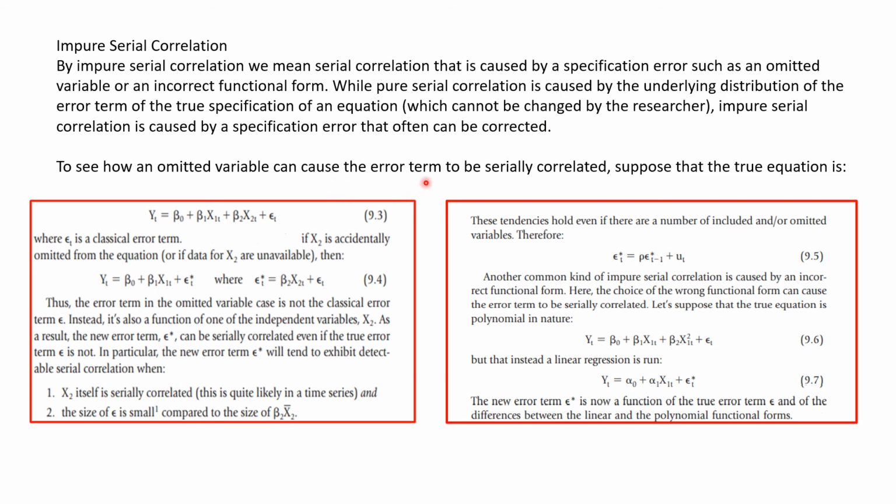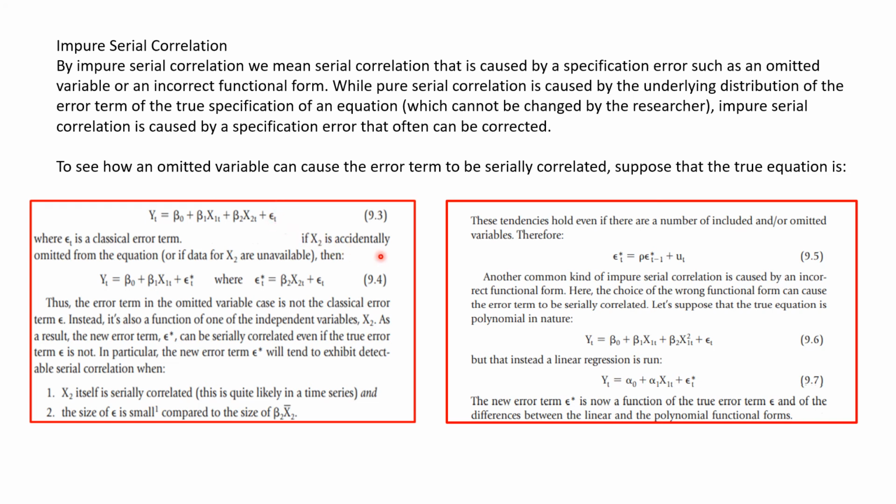To see how an omitted variable can cause the error term to be serially correlated, suppose we consider this equation where y equals beta 0 plus beta 1 x1t plus beta 2 x2t plus eta t, where eta t is the classical error term.